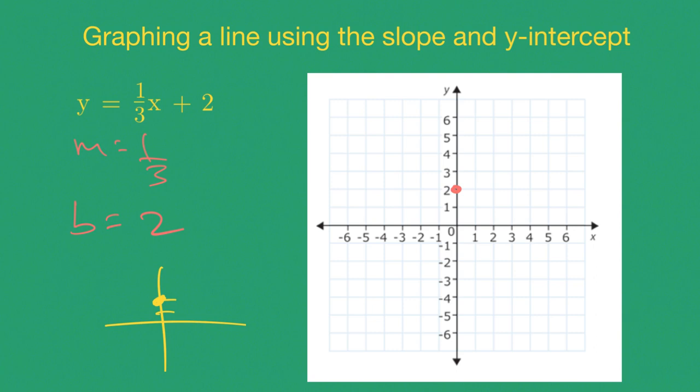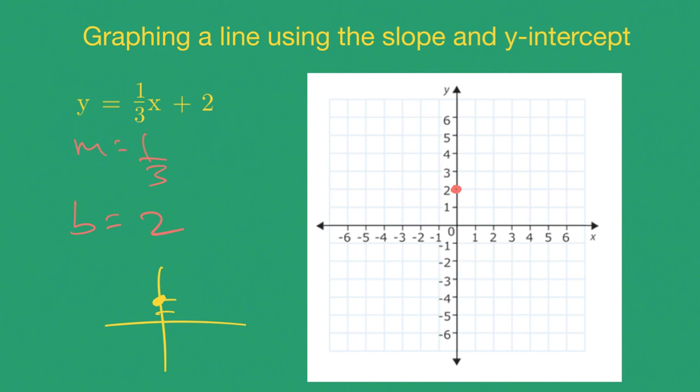Now we're going to look at our slope. Our slope is 1/3. Remember, it's rise over run. The top number talks to us about going up and down. The bottom number talks to us about going right or left. So if the top number is positive 1, where am I going, up or down? Up. I'm going up 1, and then over.